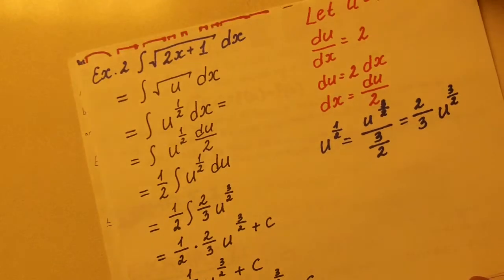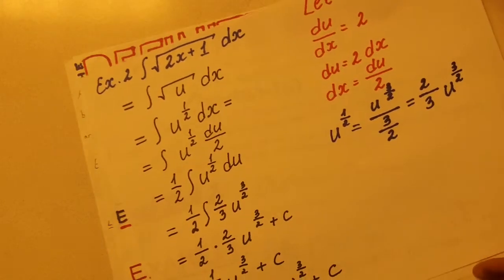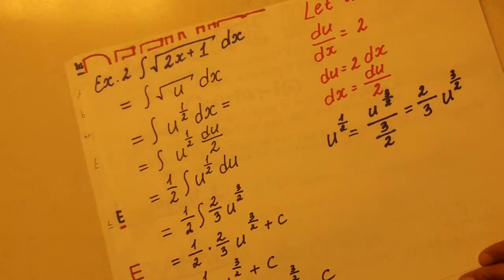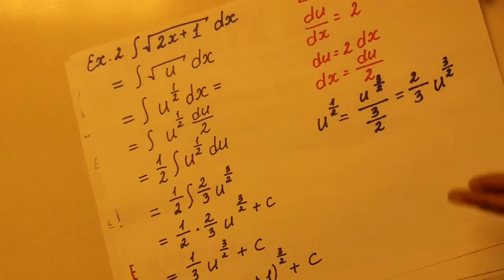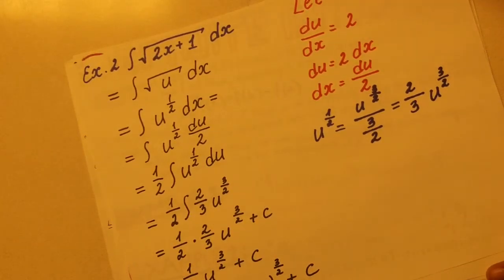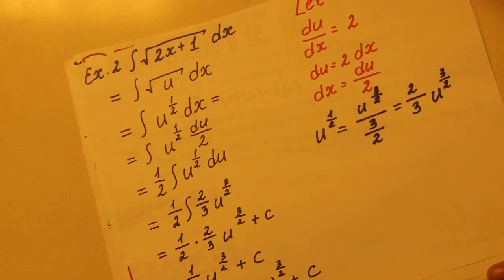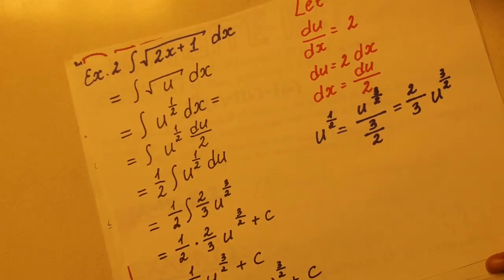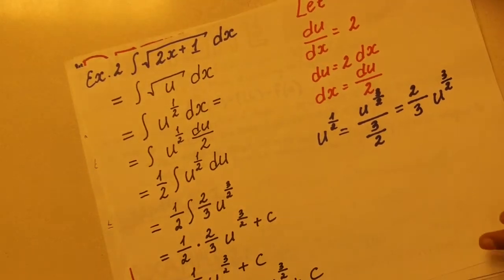And this is another example where the original equation is the integral of the square root of 2x plus 1 dx. So then you would let u equal 2x plus 1, and then du over dx would equal 2, and du would then be equal to 2 dx, and then dx would equal du over 2.